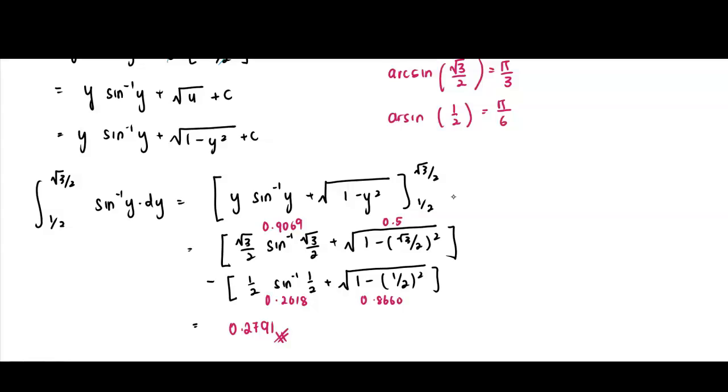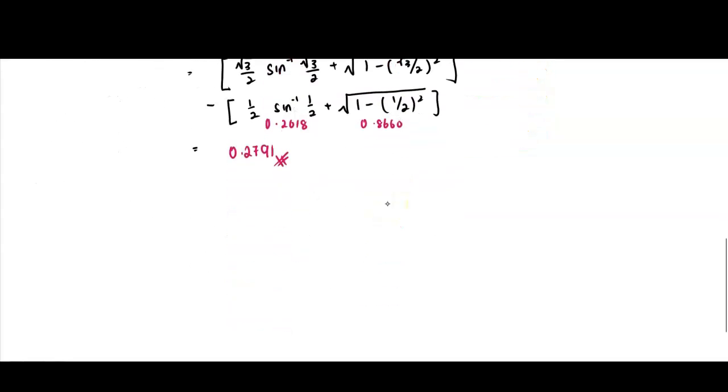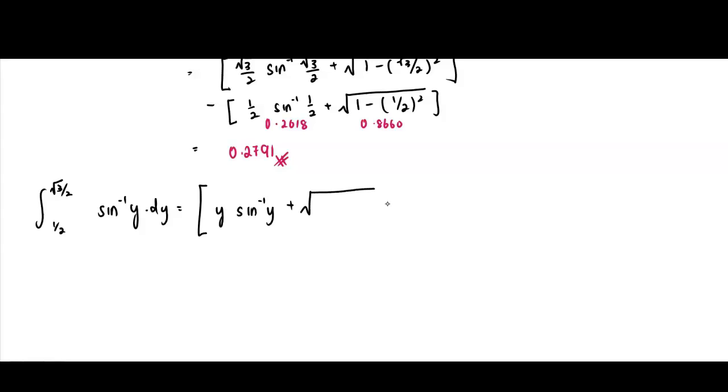Now, what if we are going to use the terms in pi? That means we are going to use these terms here. Alright, how will it look? Root 3 over 2, I'm rewriting the limits, it's going to be root 3 over 2 and half.